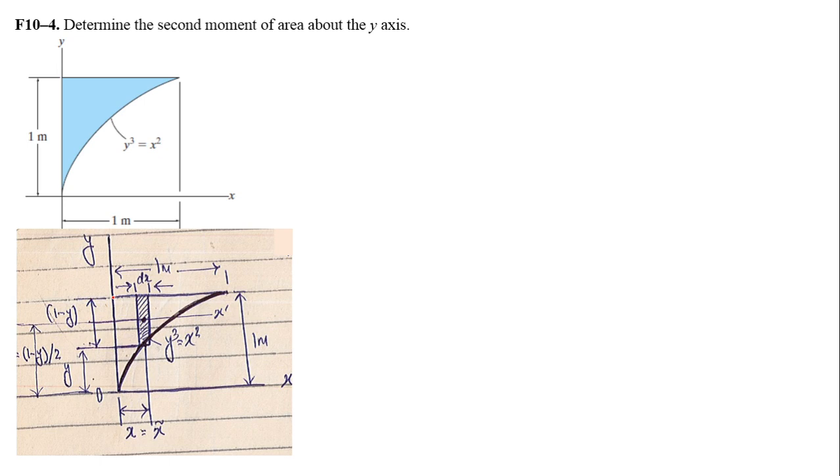Now, for example, in this problem, we are asked to find the value of the second moment of area about the y-axis. So you have to consider the rectangular strip in a way that it remains parallel to the y-axis. This means that you can only consider a strip that is vertical, because only a vertical strip can remain parallel to the y-axis. And why is this so?